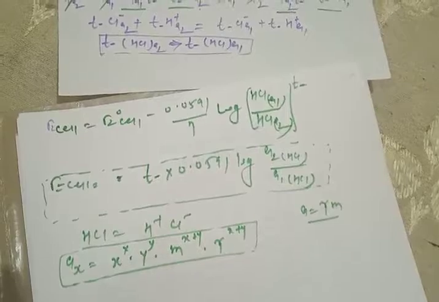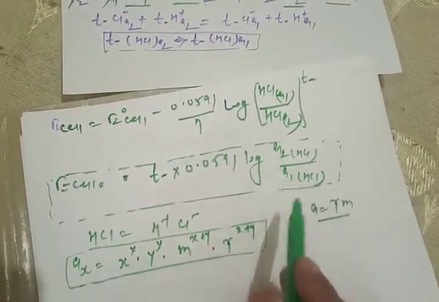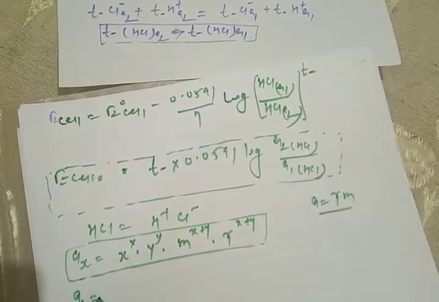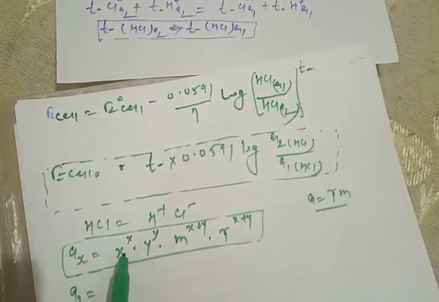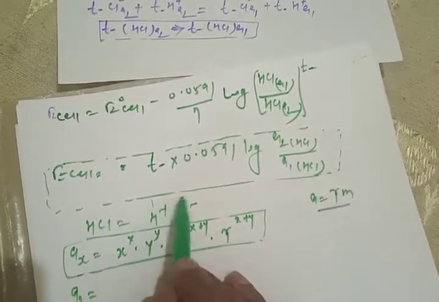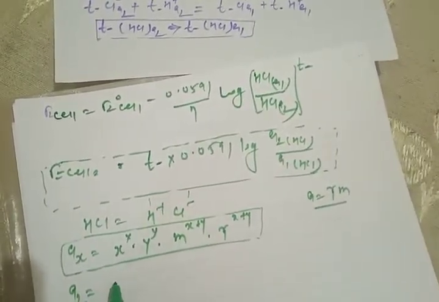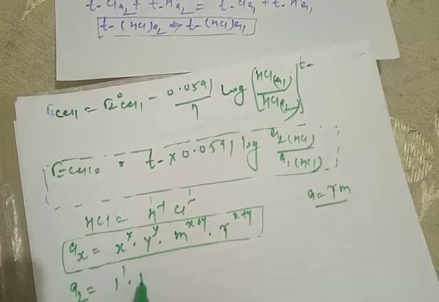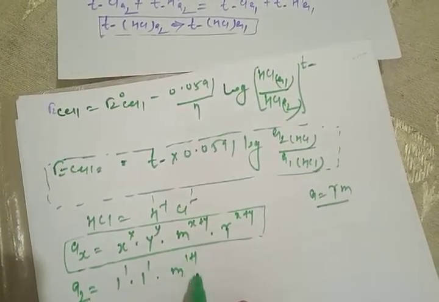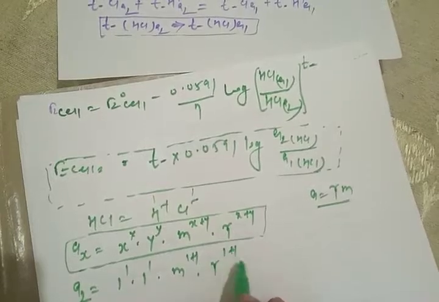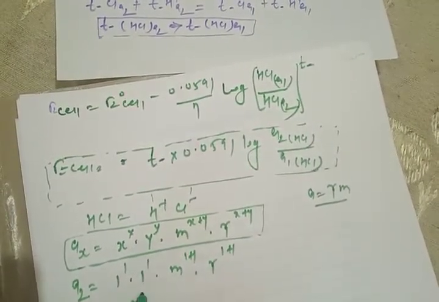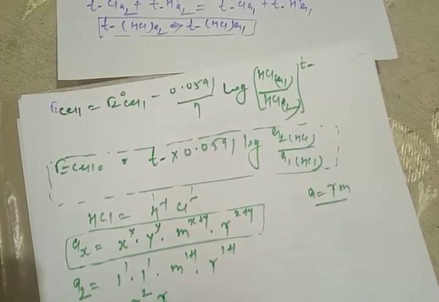This you can watch in my video, this will clear it up. So here we have activity 2 and activity 1. For activity 2, both have the same x and y, 1 and 1, because we have SCl. So 1 power 1 power 1 m, 1 plus 1 gamma, 1 plus 1. So A2 is m2 gamma 2.